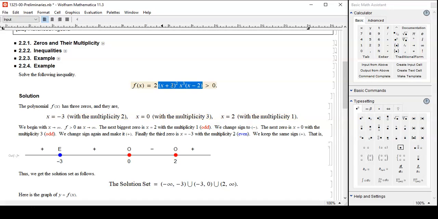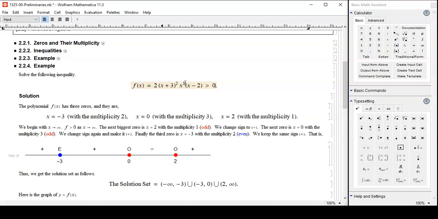Now, if x value is really, really big, say plug in x is say 1,000 or 100,000, something humongous, so we have positive here. Now, as I cross this odd multiplicity, we have to have sign change, because locally it behaves very much like x minus 2 to the first power times some number. So we have sign change. Now, crossing this odd multiplicity, again, I have sign change. So minus became plus again.